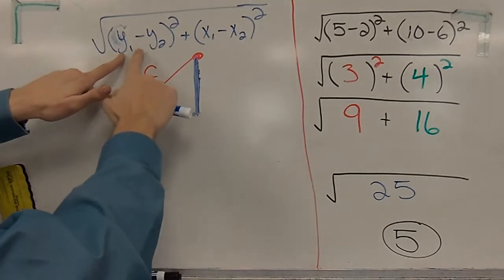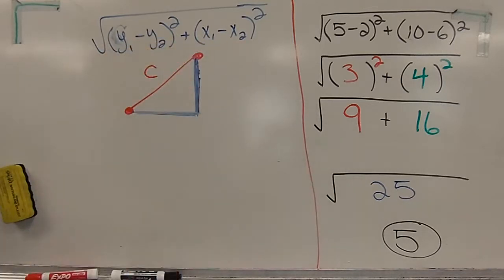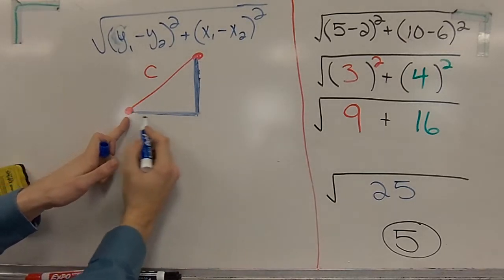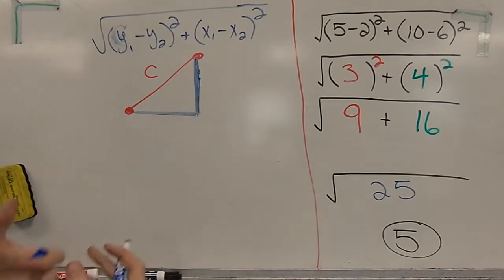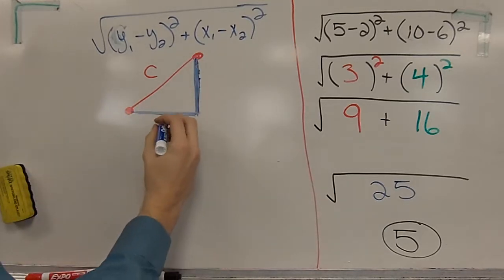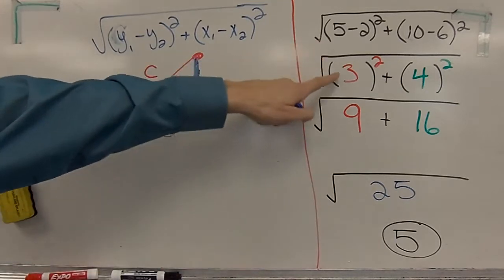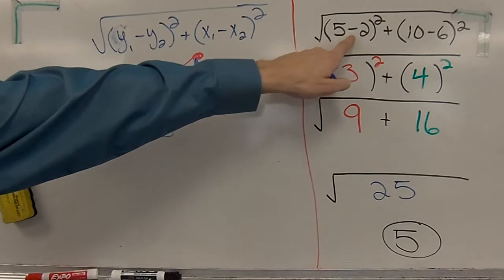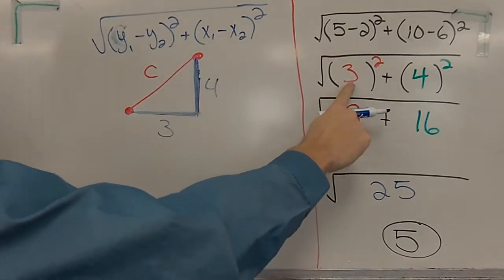So y1 minus y2 is critical, and x1 minus x2 is critical, because they find you the legs of your right triangle: the horizontal distance and the vertical distance between your 2 points. Once you have those legs, that's what we did here. We did 5 minus 2 and found out that the vertical leg in this case was a 3.